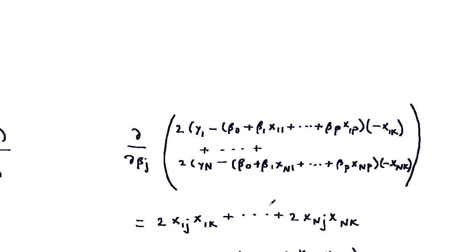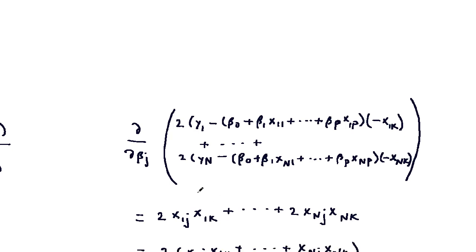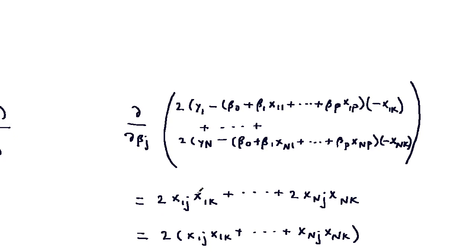And that's equal to 2 x1j x1k plus dot dot dot plus 2 xnj xnk. So factoring the 2 out, we get this.